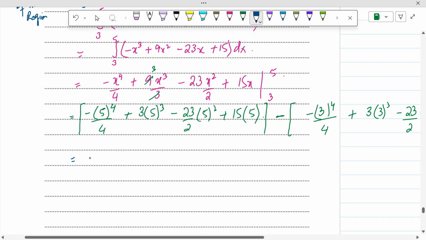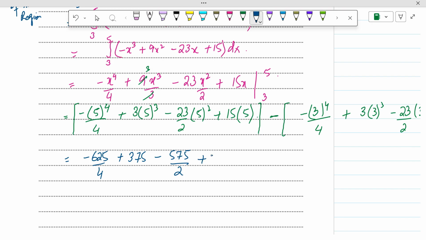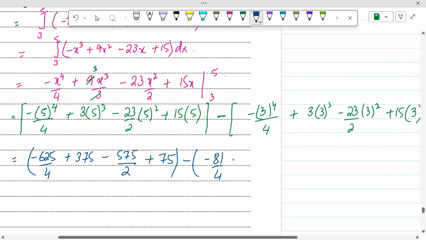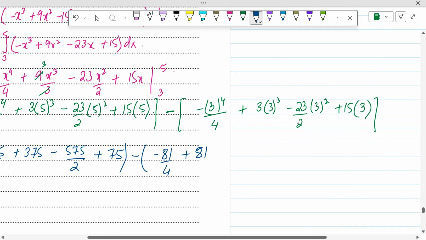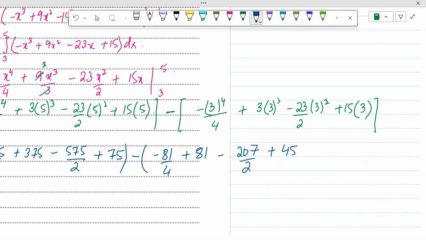So this is equal to negative 625 over 4, plus 375, minus 23 times 5 square, which is 25. 25 times 23 is 575 over 2, and 15 times 5 is 75, minus negative 81 over 4 plus 81, minus 207 over 2, and 15 times 3 is plus 45.